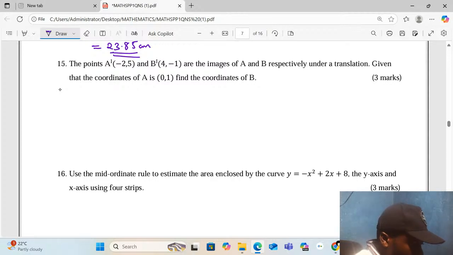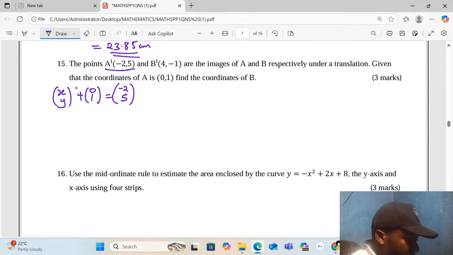Let's call the translation (x, y). So (x, y) plus the object of A, which is (0, 1), gives us the image A prime, which is (-2, 5). Now we need to find the values of x and y.